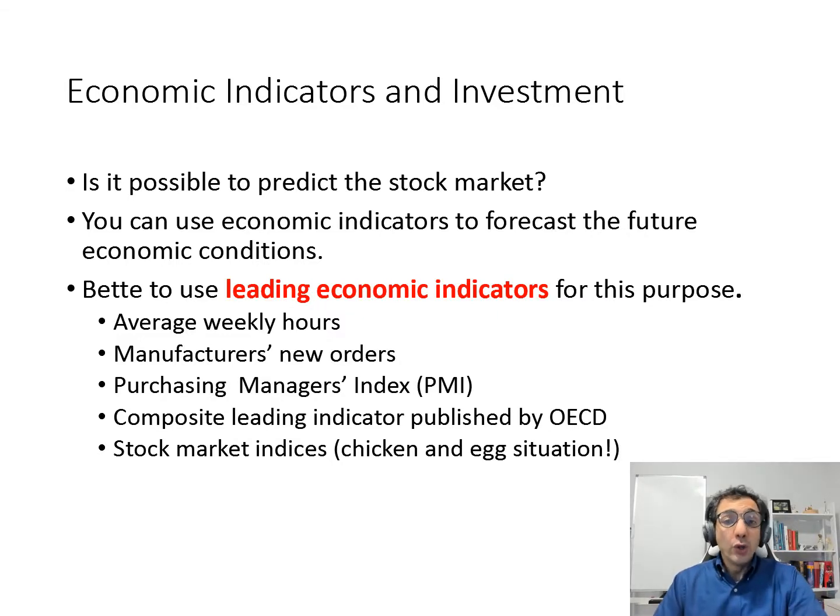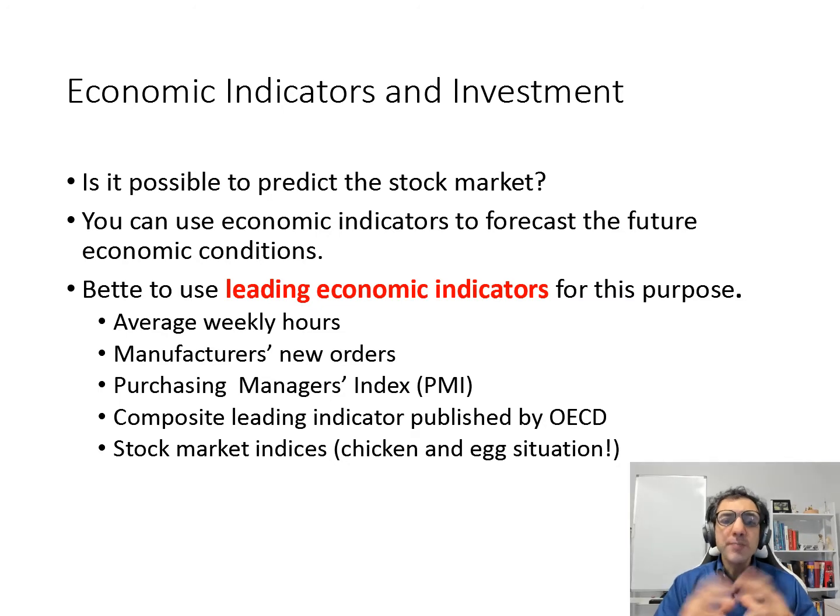For sure, you have heard about economic indicators. Usually, we use economic indicators to monitor the health of the economy. These are important because they help us make the right investment decision. A very common question here is whether it's possible to predict the stock market. We can use these economic indicators to forecast, to some degree, the future of economic conditions, and based on that, we can decide regarding our investments.